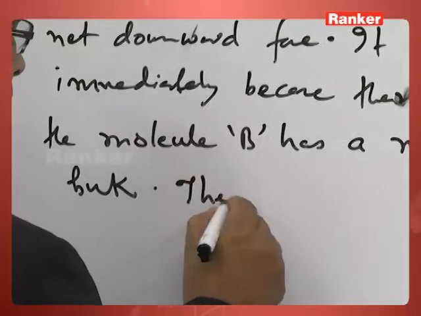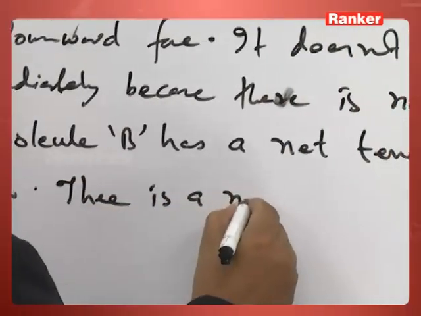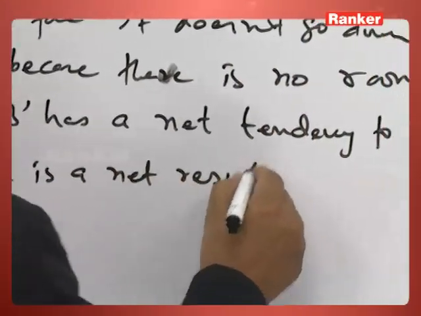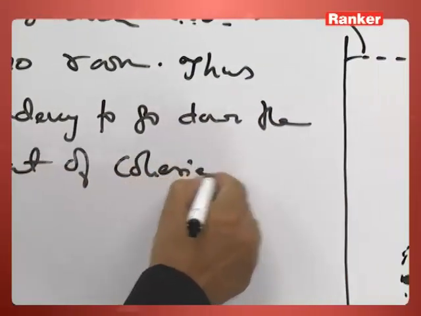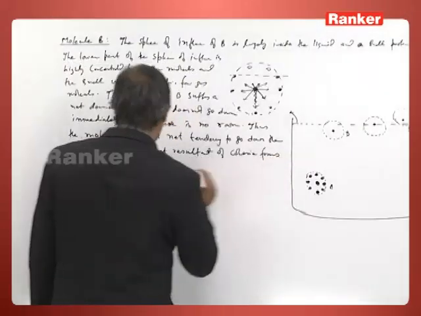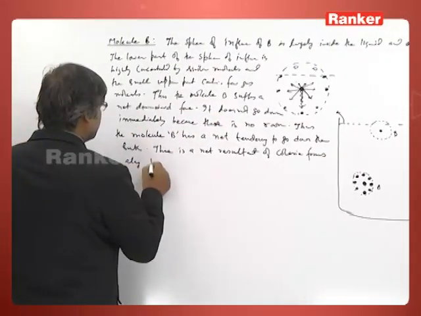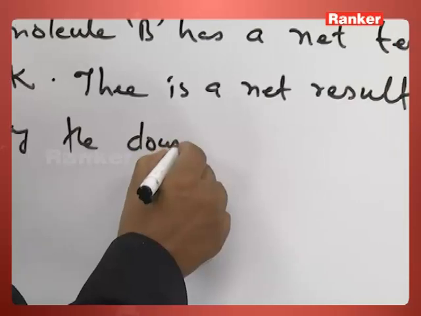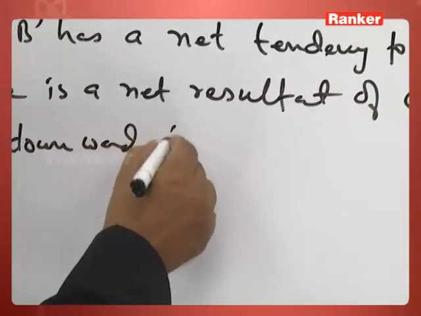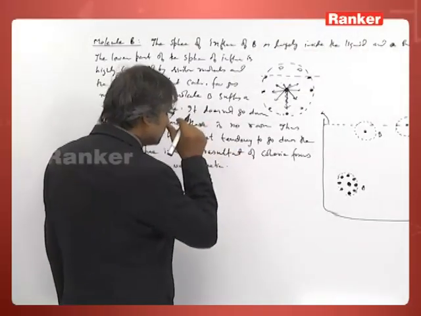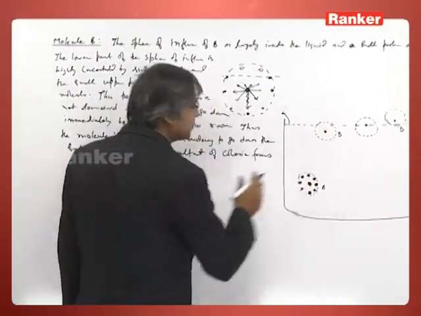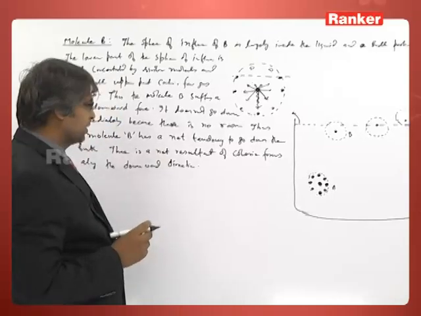There is a net resultant of cohesive forces along the downward direction, so it has the tendency to go down.